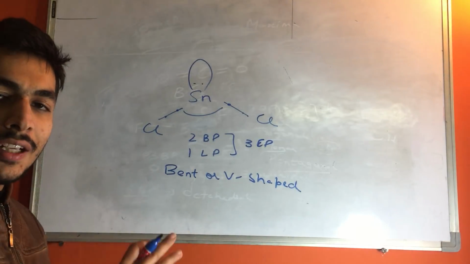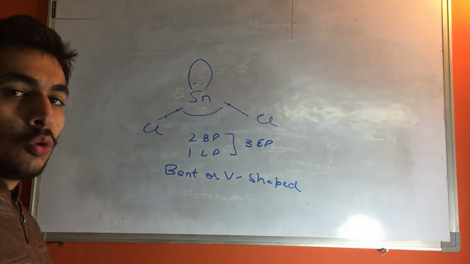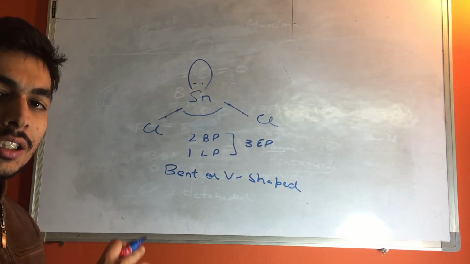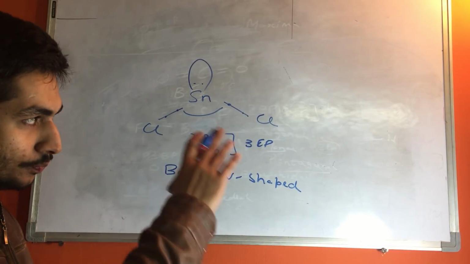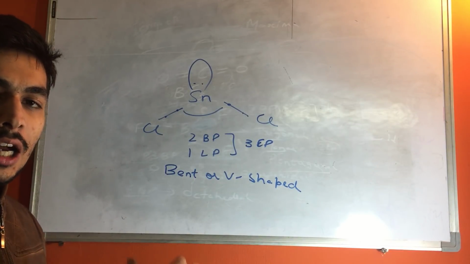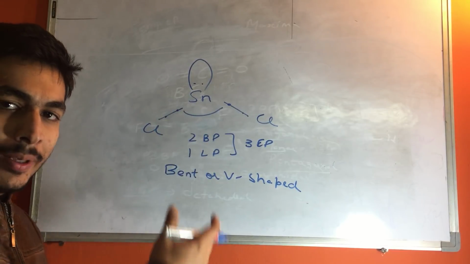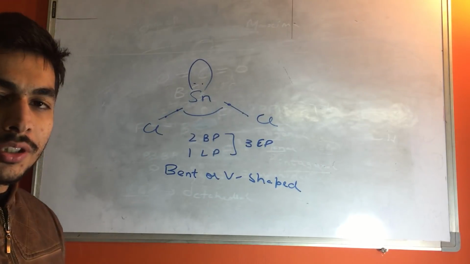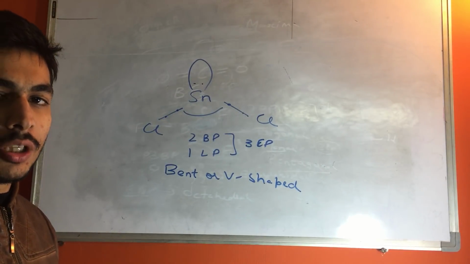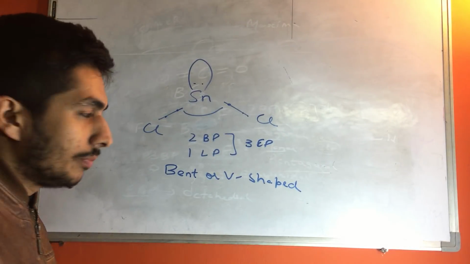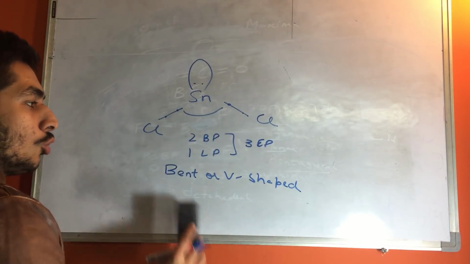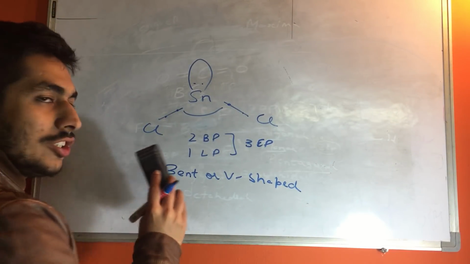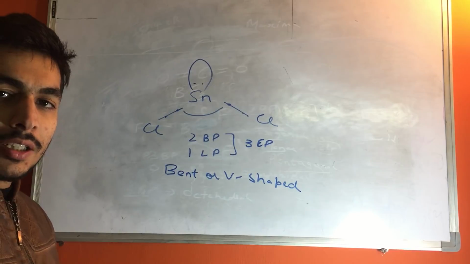I'll take each and every example, but in Google, if you go to the images, it is very easily perceivable how they have defined it. They have made a table, and you can easily look into the table and remember the shapes, right? So you have to memorize the shapes. There is no other alternative. So 2 bond pairs and 1 lone pair, it's bent or V-shaped, but the molecular geometry will be trigonal planar.